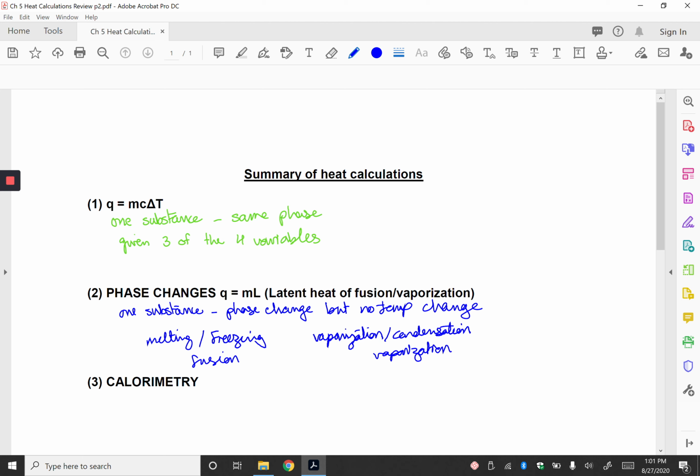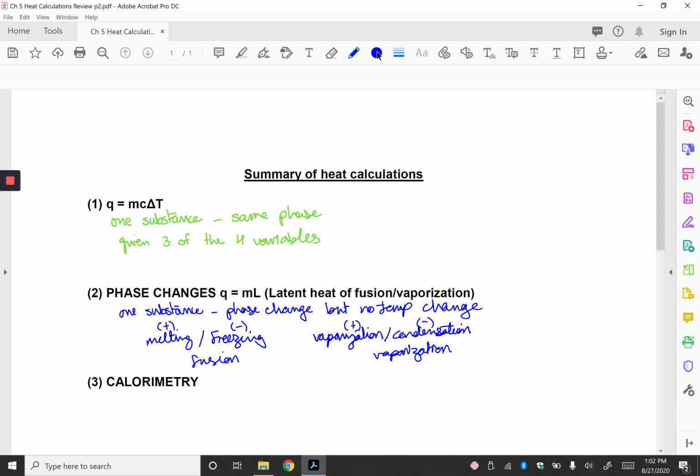You just use positive if it's endothermic, negative if it's exothermic. So melting is endo, so use the positive, freezing is exo, vaporization is endo, and condensation is exo.